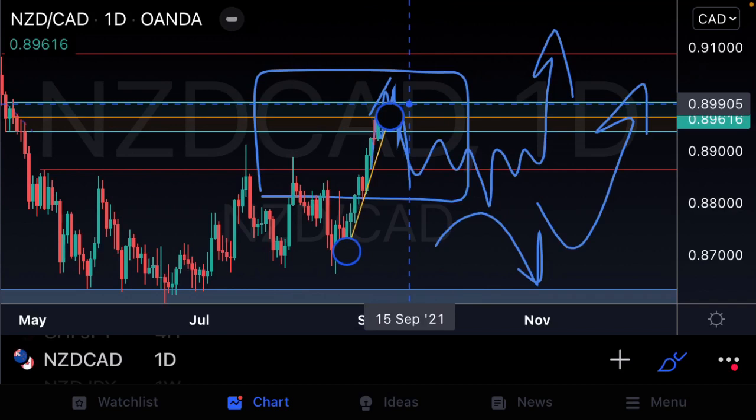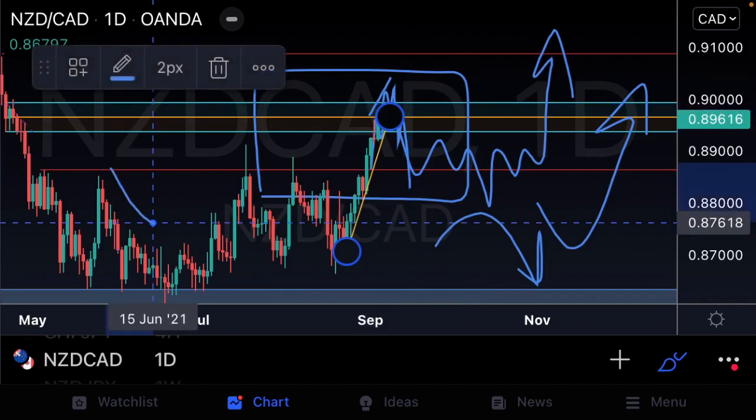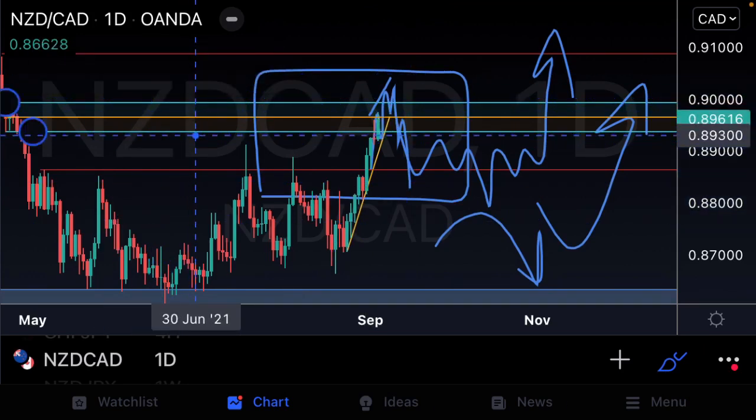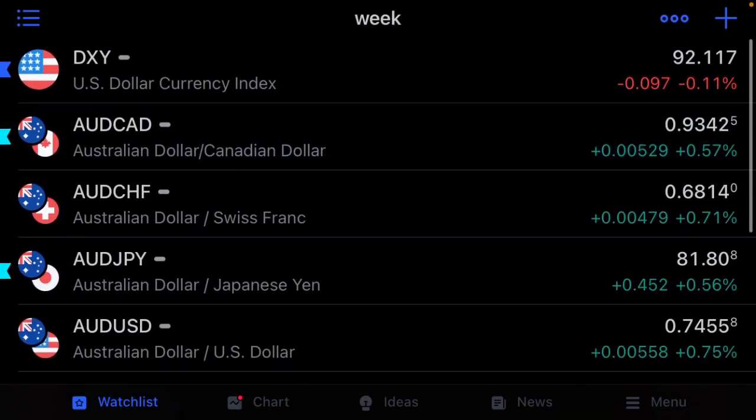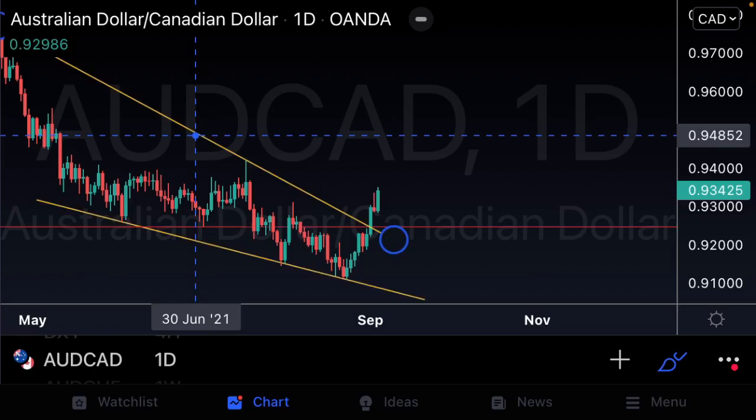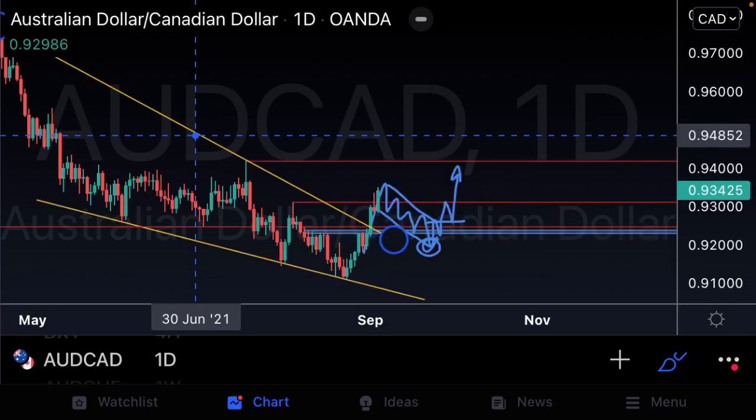If we see that CAD weakness and all of these CAD pairs moving to the upside, we're going to be looking to trade that CAD bias on our AUDCAD. Why? Because AUDCAD is giving us a beautiful bullish bias, and structure is also warranting us to begin looking for that. So guys, we've reached the end of today's analysis.